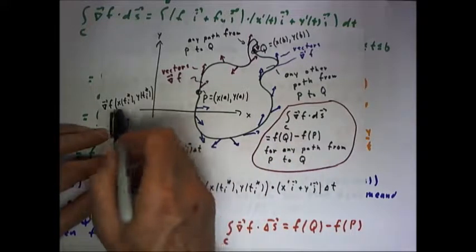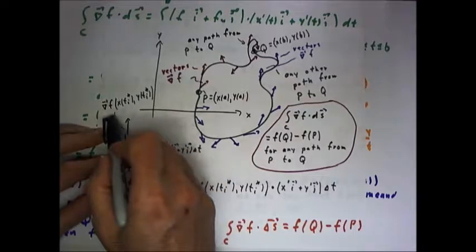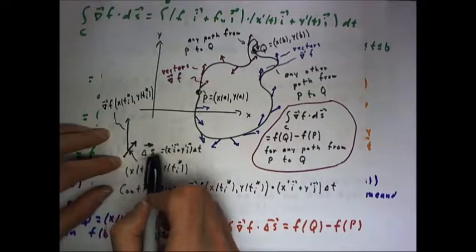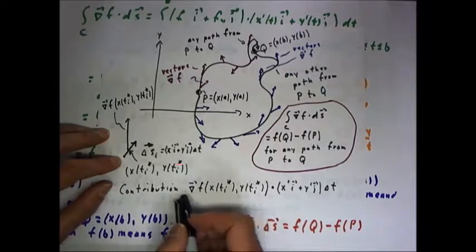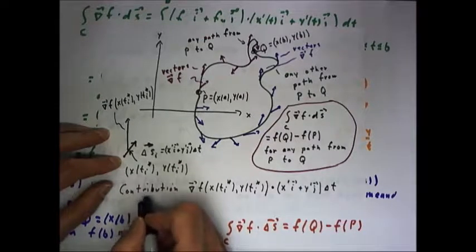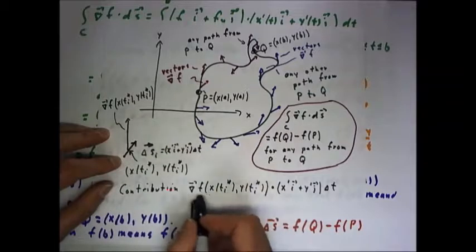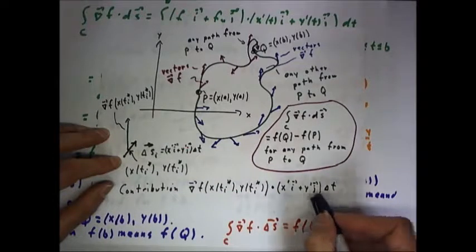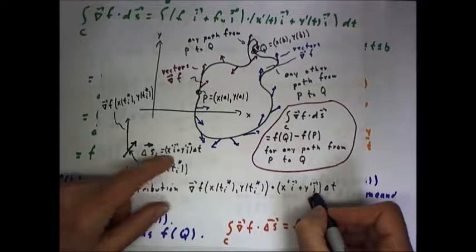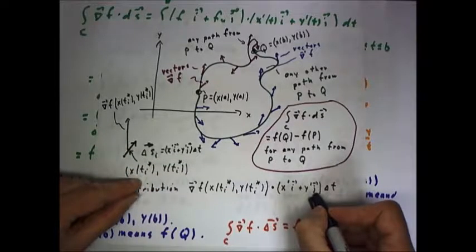Typical interpretation would be this is the work done by this del f function over the interval delta si. The contribution to the integral corresponding to this interval is just the dot product of these two expressions, where x prime and y prime are both evaluated at the sample point.